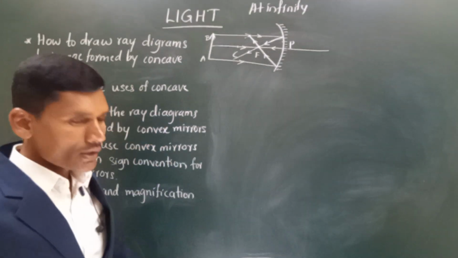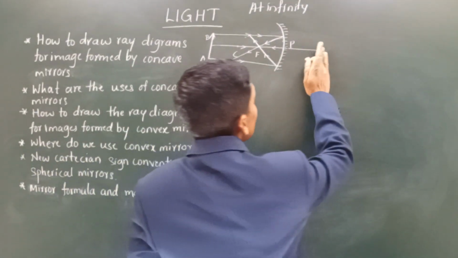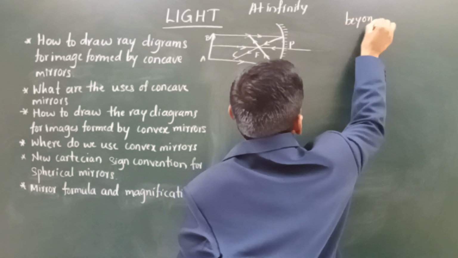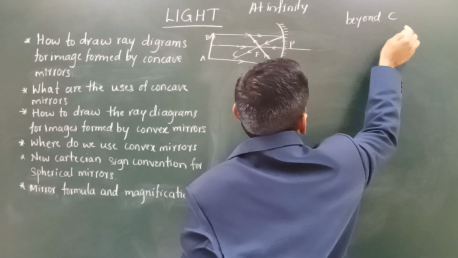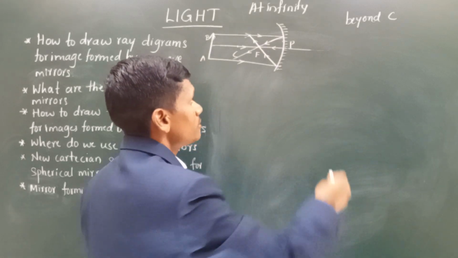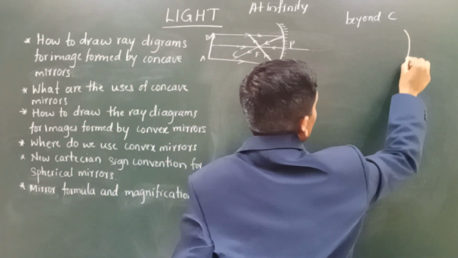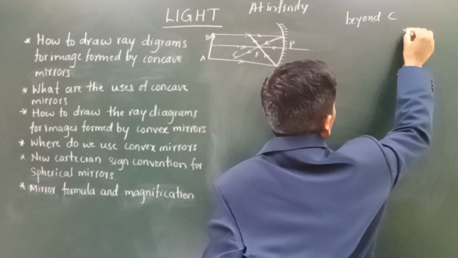Then let us consider the next point, when the object is beyond C. When it is beyond C, what will be the nature, size and position of the image? Again you need to show a concave mirror.